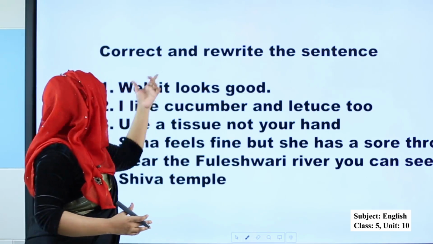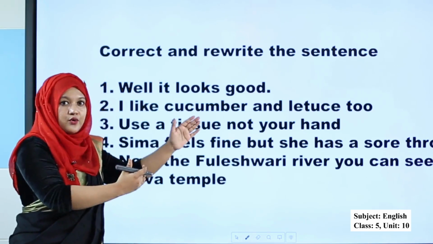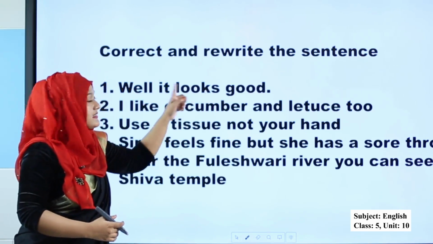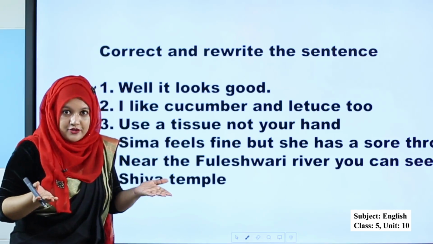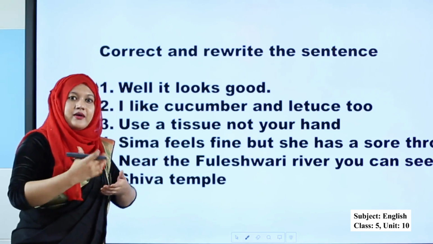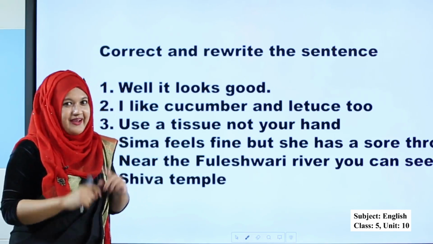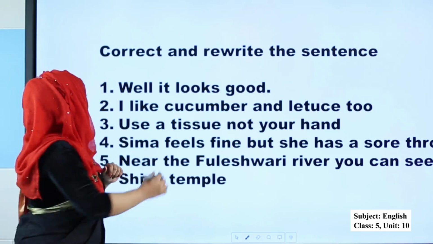So the word is here well, and after the word it introduces a sentence, it looks good. So we need to separate the word well. Then how can we separate the word well? We will use a comma after the word, right? So we will use a comma.